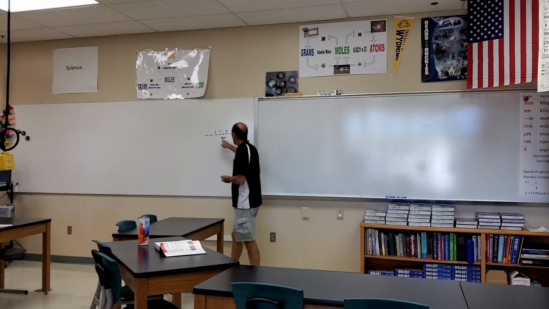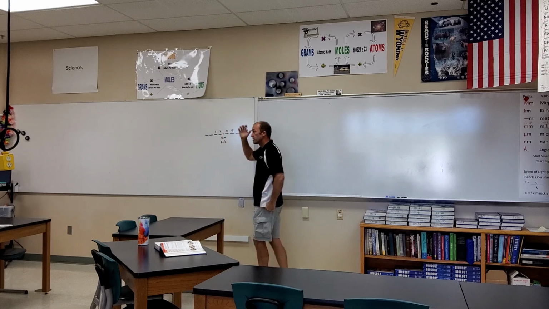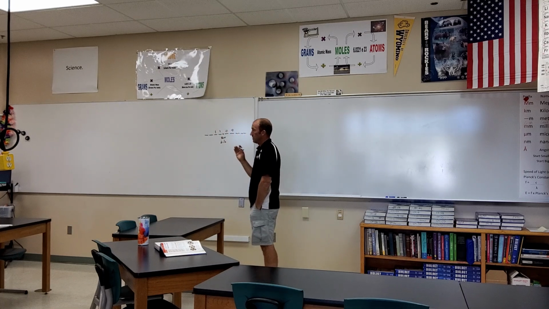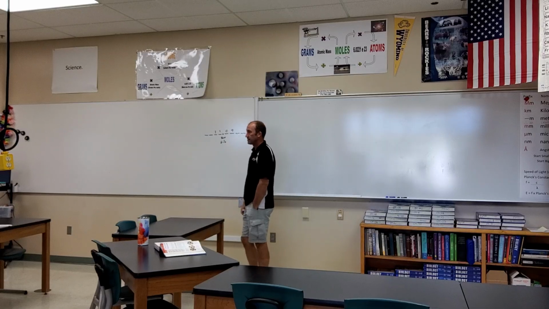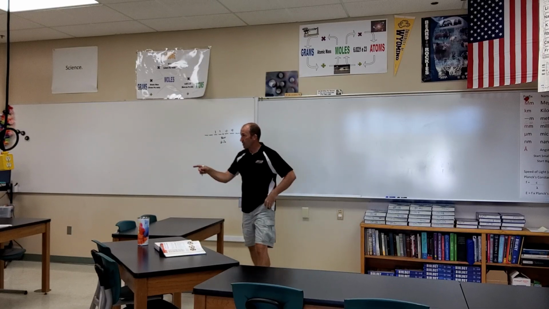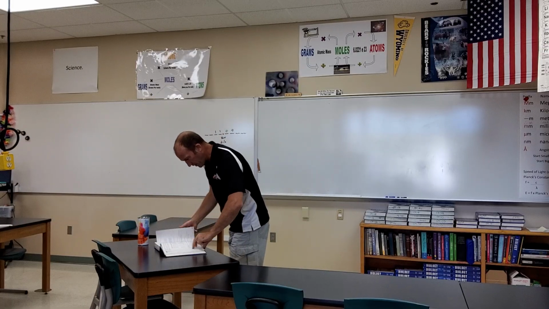So if we put kilo in front of that, now what's the value of the first place? In kilos, I don't remember. A lot. Yeah, just flip back. What does kilo mean?